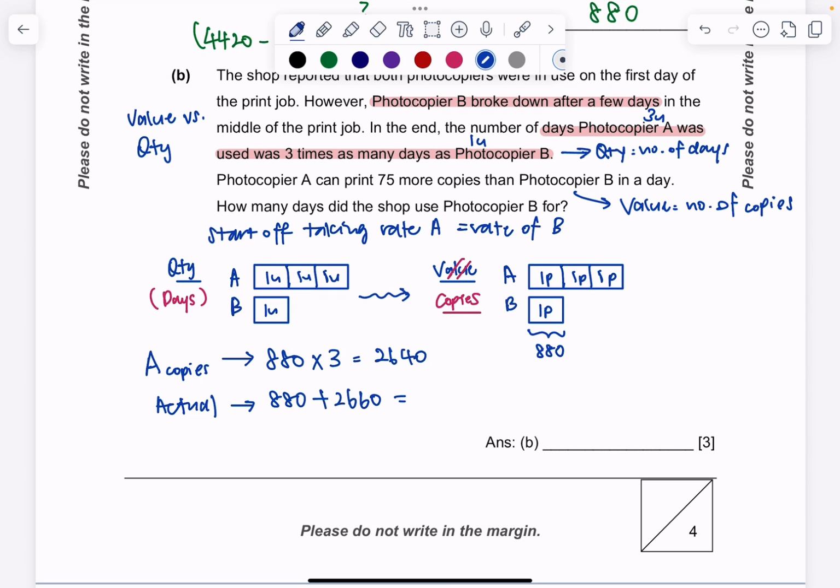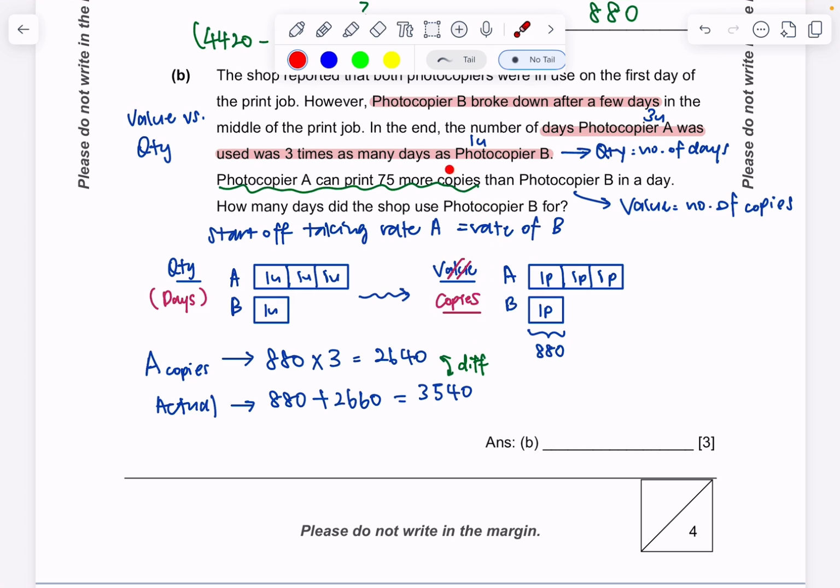So we have to figure out 2,660 plus 880, and the actual number that is printed is 3,540. So we also notice that there's a difference over here, and the difference is because of this 75 more copies.